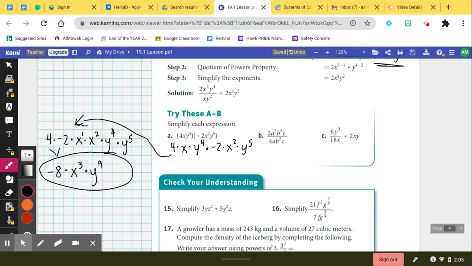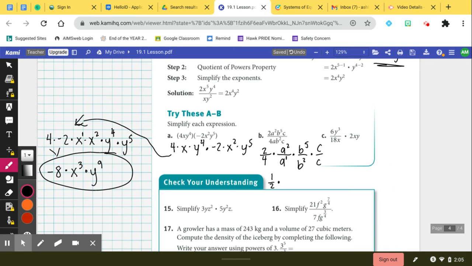So then let's use our quotient property. So again, grouping all my like terms together. So I get 2 divided by 4 times a squared over a times b to the fifth over b squared times c over c. 2 over 4 simplifies to 1/2 times, when I'm dividing powers with the same base, I can subtract their exponents.